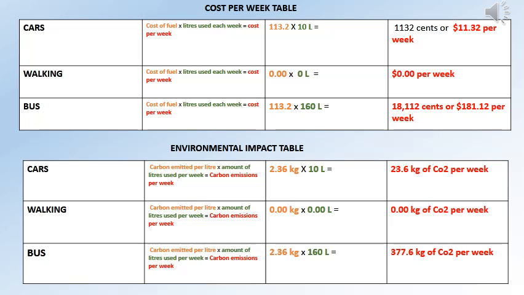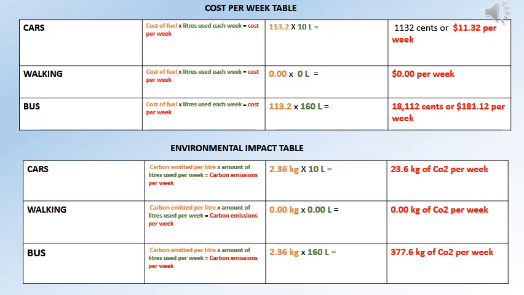Our next step is to take the same method and use it in our environmental impact table. In the car column, we have to times 2.36 kilograms, which is the carbon emitted per litre, by 10 litres, which is the amount of litres used per week, to get an answer of 23.6 kilograms of CO2 per week. Again, like the cost per week table, walking has no number value in any section.